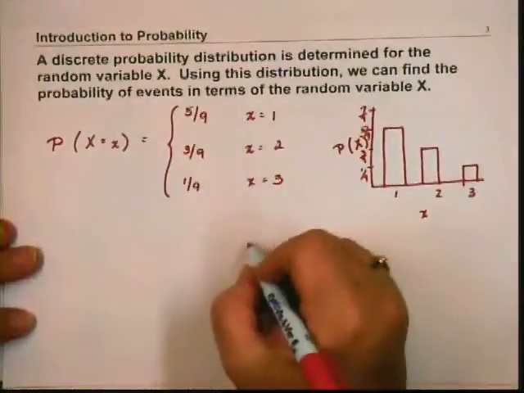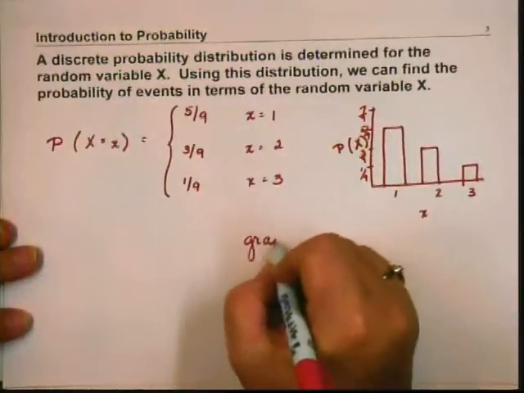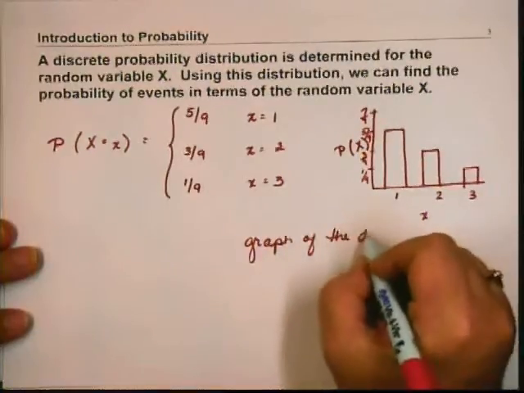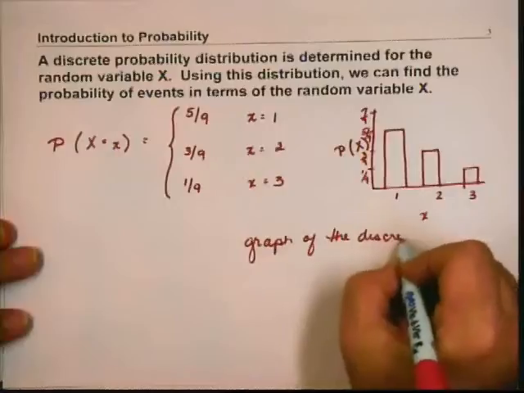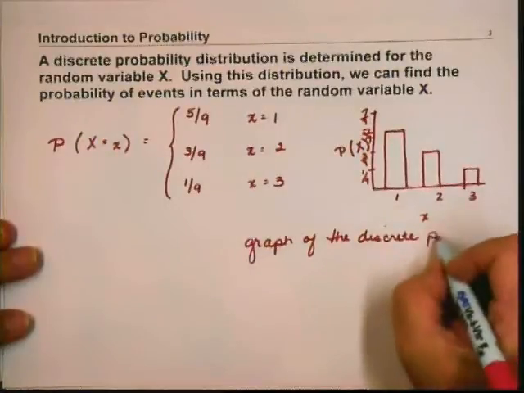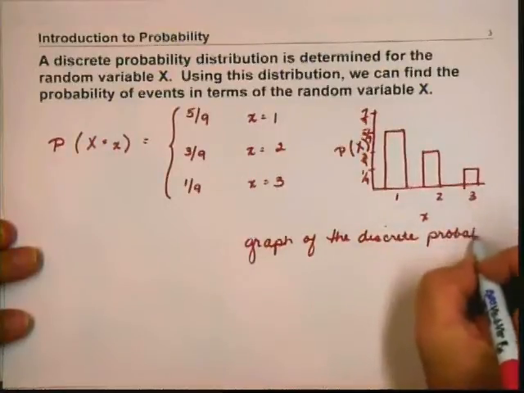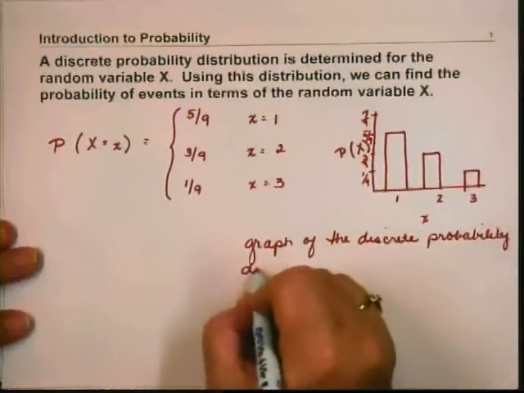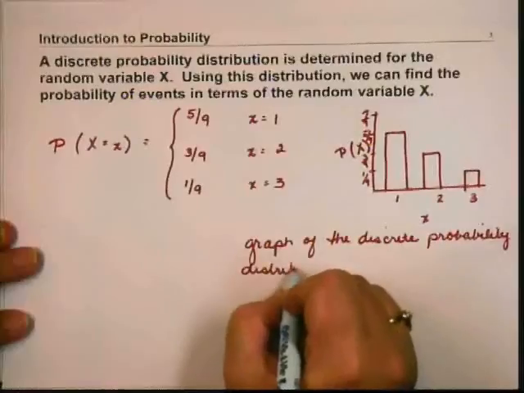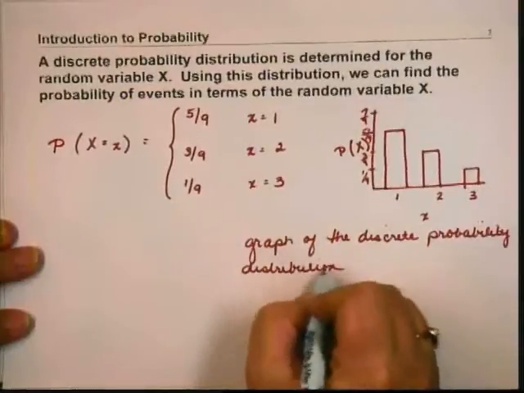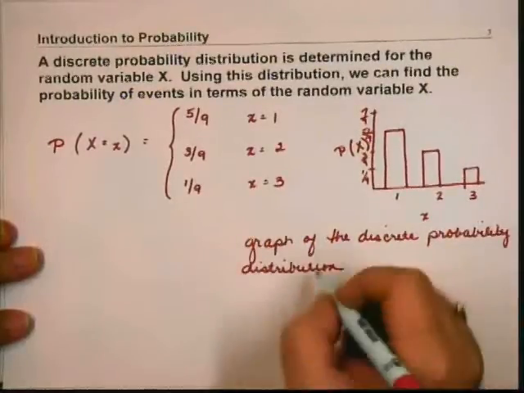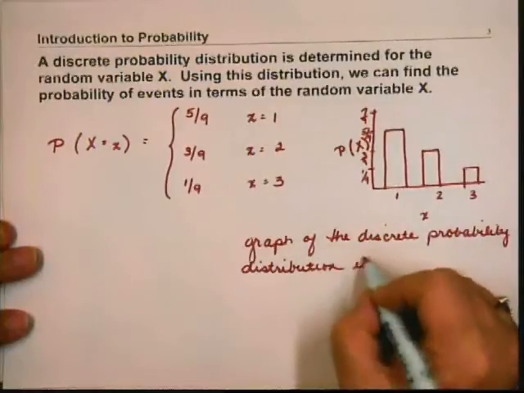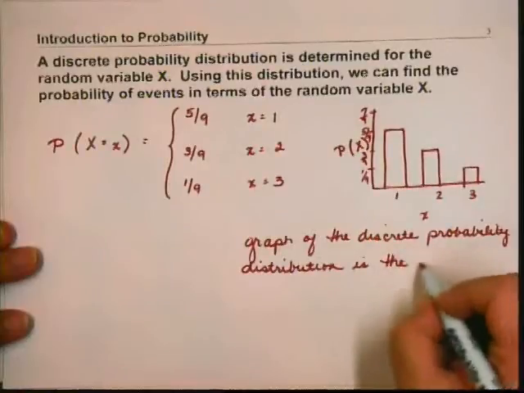All right, so the graph of a probability distribution, I guess we should say the discrete probability distribution, is the same as a relative frequency bar chart.